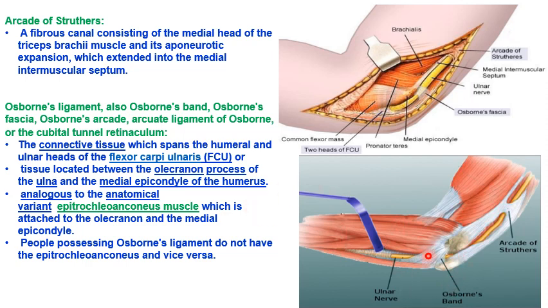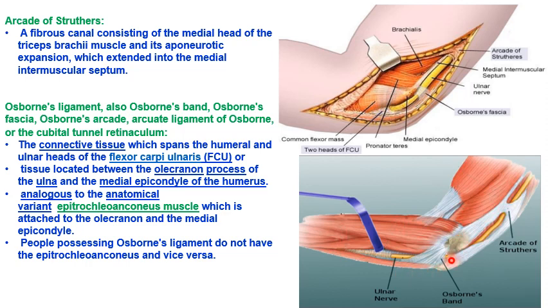This muscle is seen in the extensor compartment of the forearm, similar to the placement of Osborne's band or ligament. So when Osborne's band or ligament is there, the epitrochleoanconeus muscle may not be there. If the epitrochleoanconeus muscle is there, Osborne's band, ligament or arcade are not present.